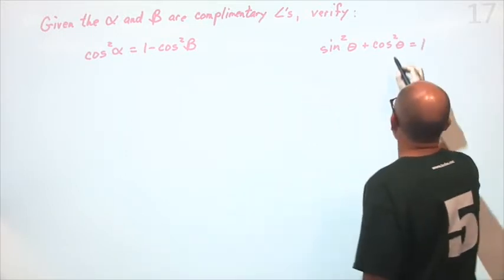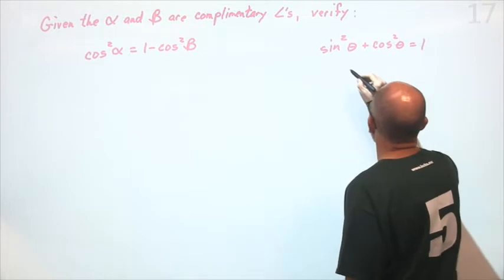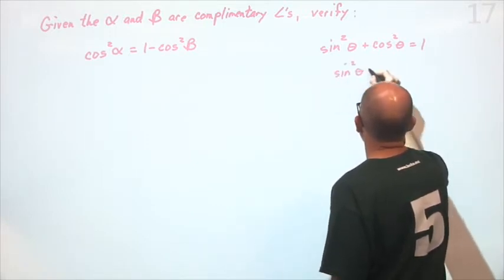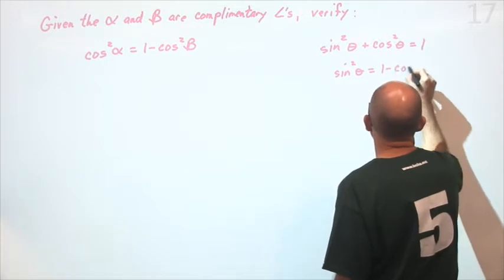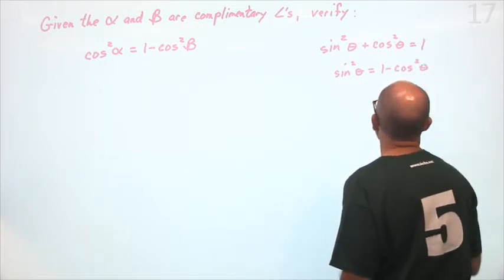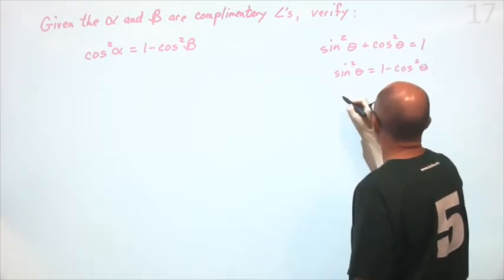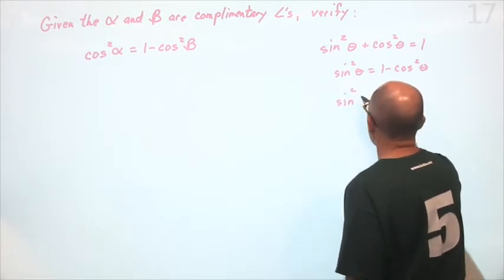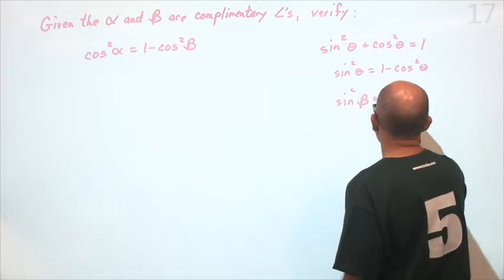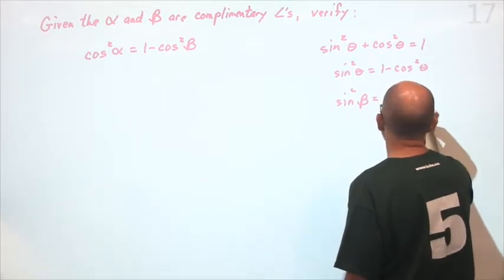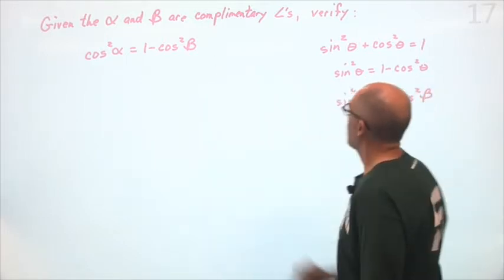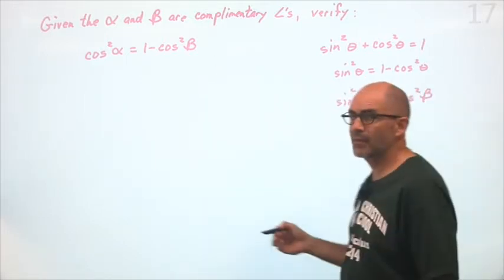So that means if I subtract cosine squared from both sides, then I have sine squared equals 1 minus cosine squared. Now this works with any angle. So basically what I know then is sine squared beta equals 1 minus cosine squared beta. Well, there's my 1 minus cosine squared beta, so that equals sine squared beta.